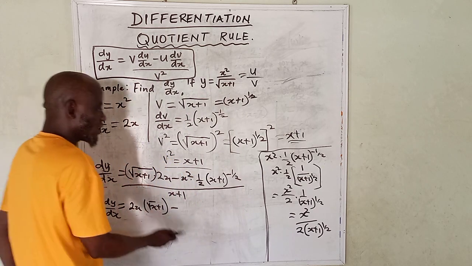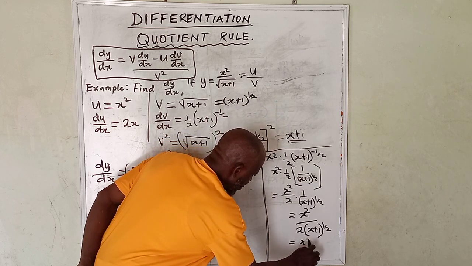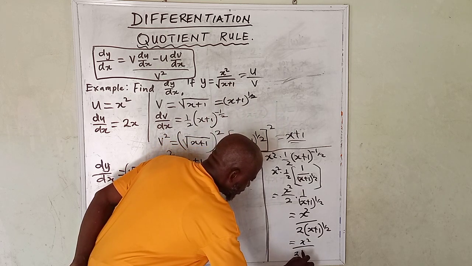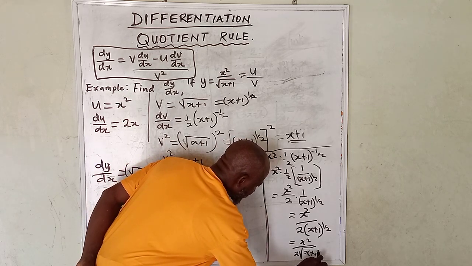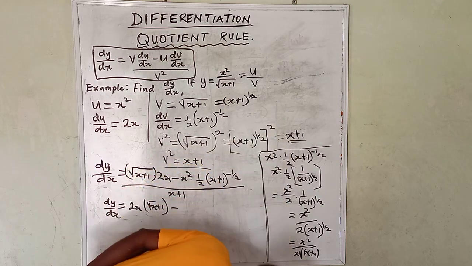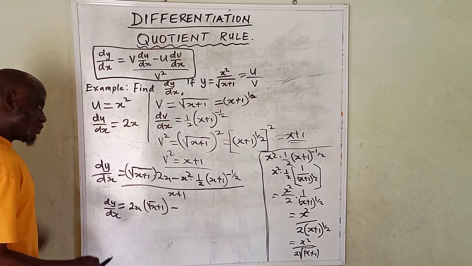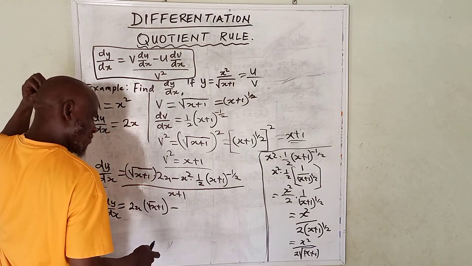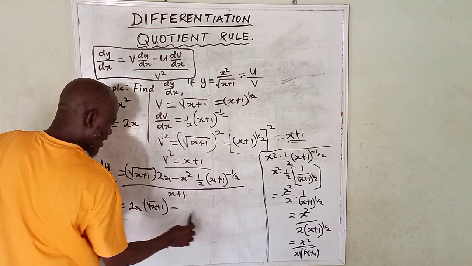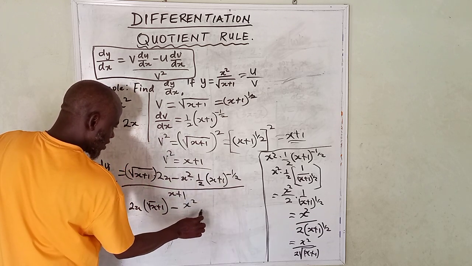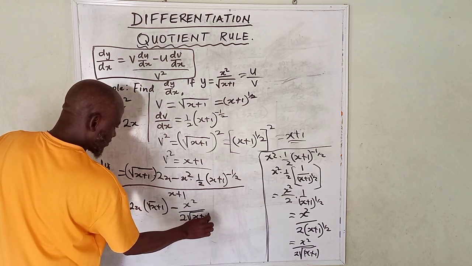Because we have a square root here, we can write it in form of square root: s squared all over 2 into square root of x plus 1. Is that taking? So we can come and substitute our values here. The whole of it can be rewritten as what we have gotten, that s squared all over 2 into square root of x plus 1.